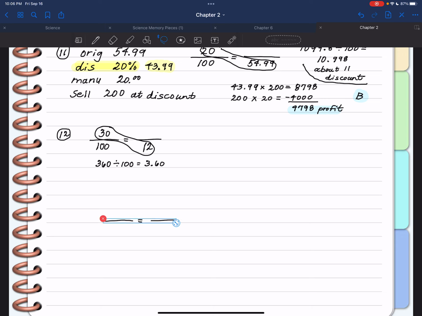The original price is $43, and you save 5%.